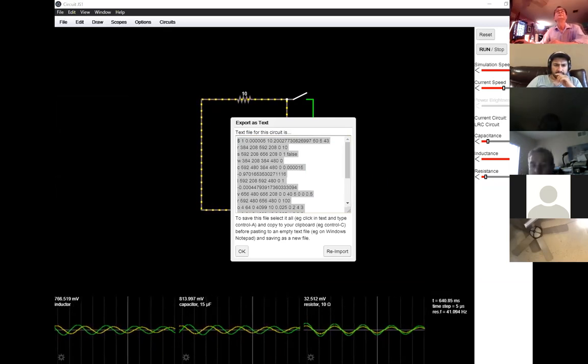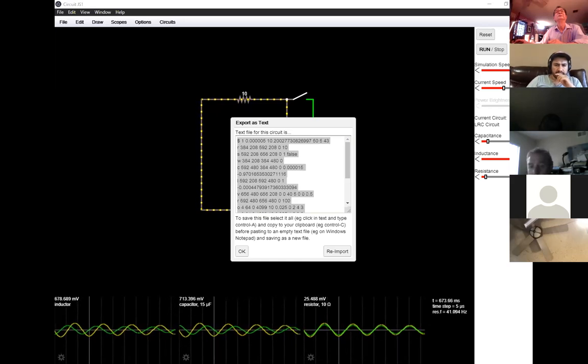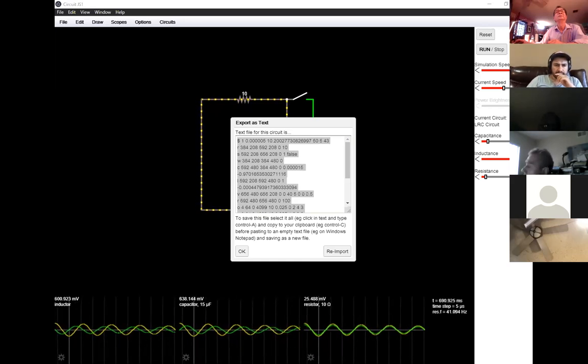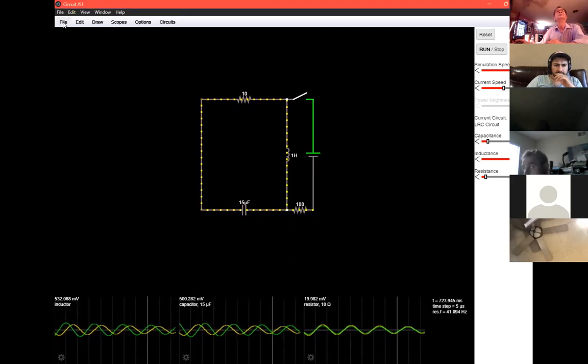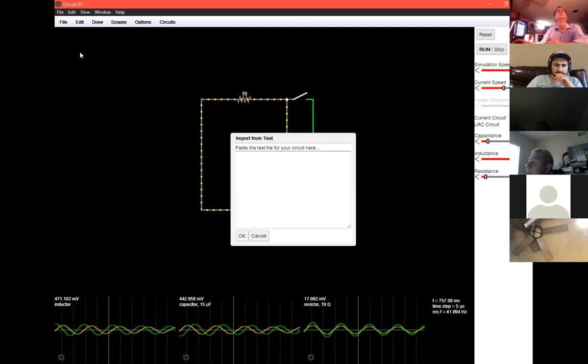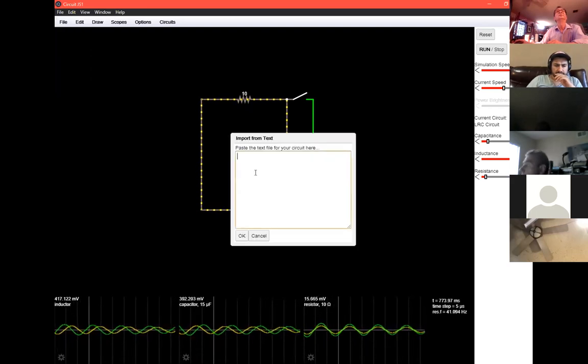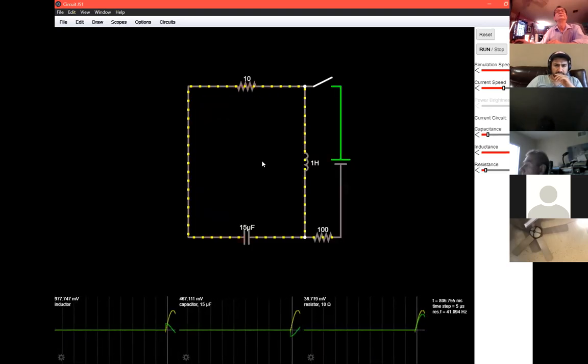And you save the Notepad file. So the next time you want to load that particular schematic, you go over here and you import from text and you paste that program back in and it'll redraw it for you.